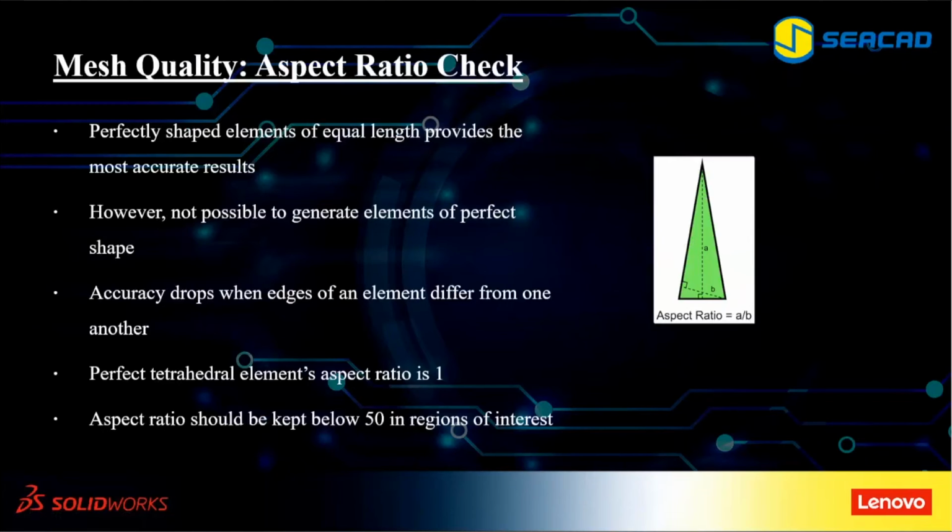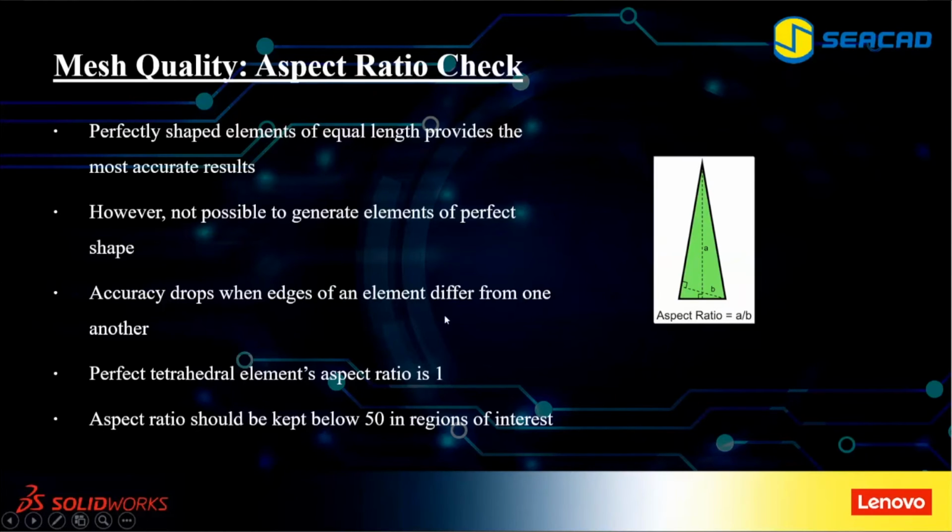We can still accommodate larger aspect ratio values, but the aspect ratio should be kept below 50 in the regions of interest. If it is over 50 in the regions of interest, then we consider that the result will not be that accurate.